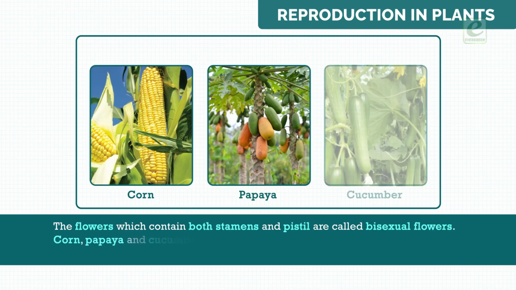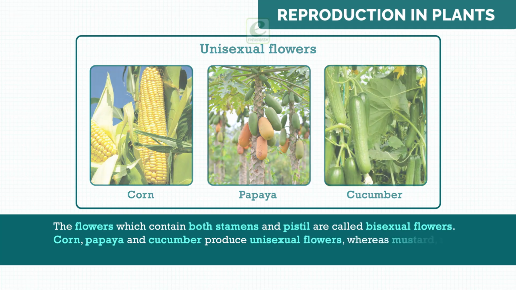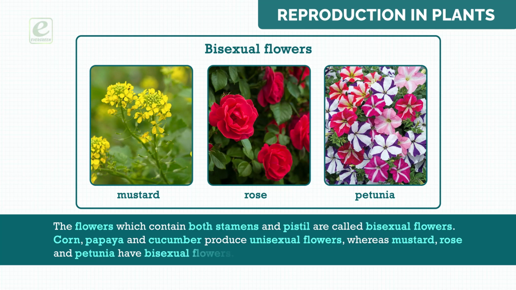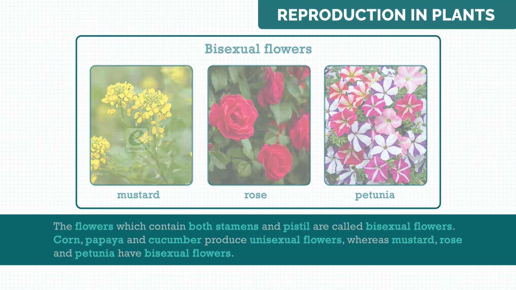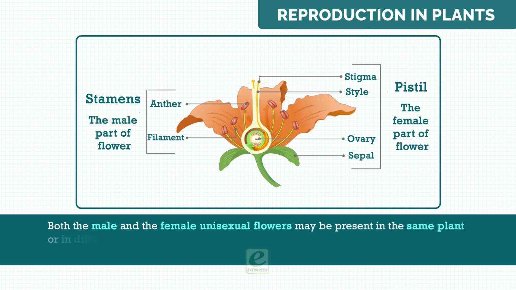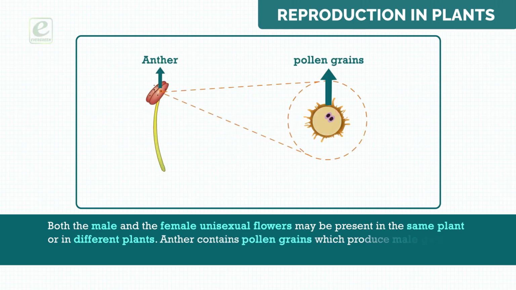Corn, papaya, and cucumber produce unisexual flowers, whereas mustard, rose, and petunia have bisexual flowers. Both the male and the female unisexual flowers may be present in the same plant or in different plants. Anther contains pollen grains which produce male gametes.